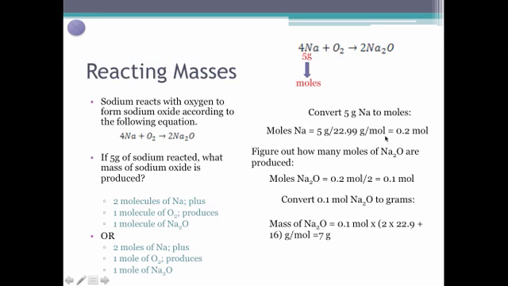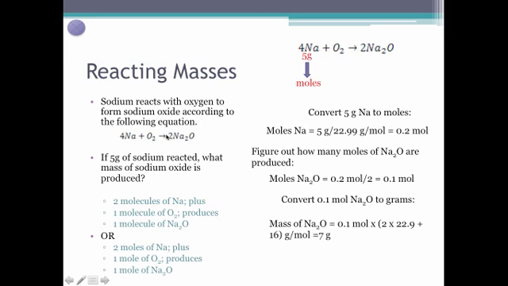Now notice, to be able to answer this particular question, you've got to have made sure you've mastered the previous lecture material dealing with calculations of masses and moles, etc. Alright, now we're on a really good track because we can start to figure out how many moles of sodium oxide are being produced.